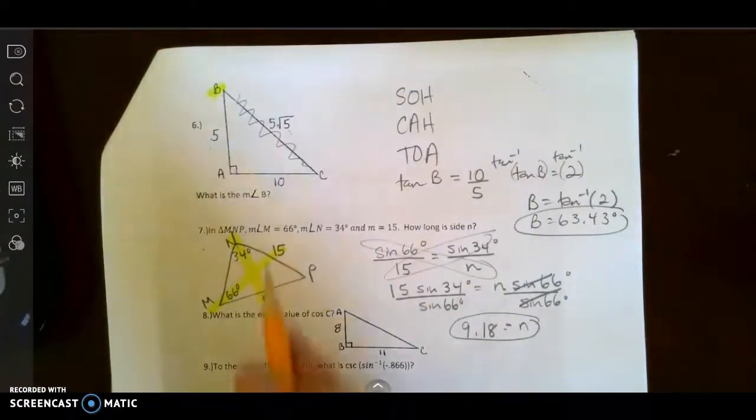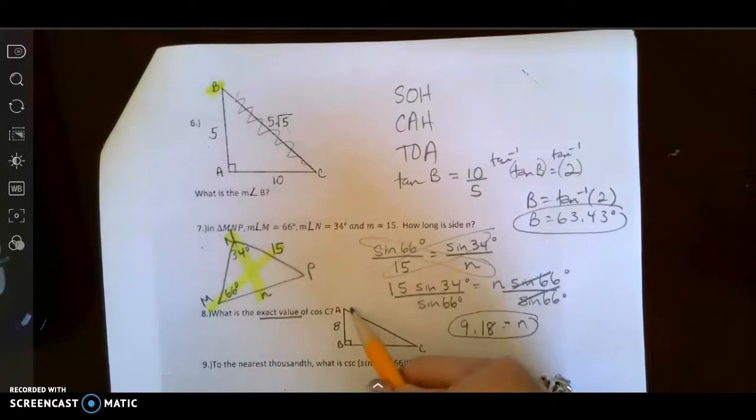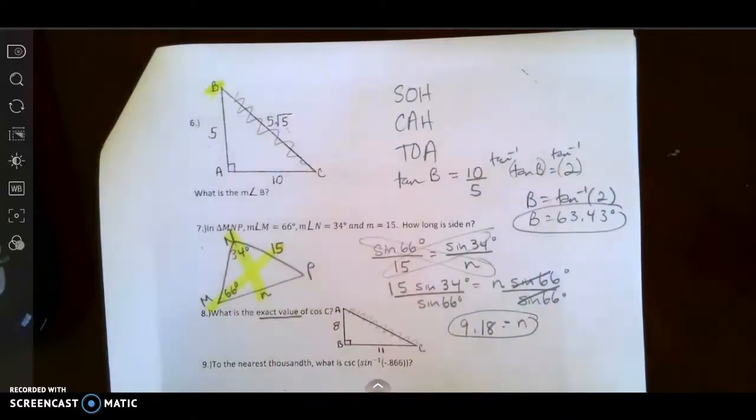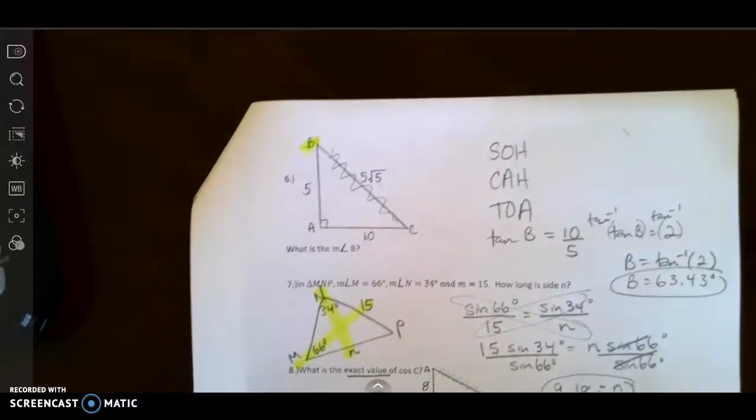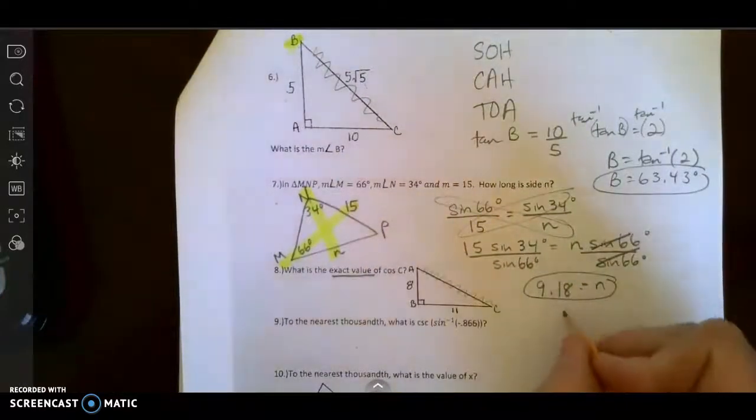Let's look at number 8. What is the exact value of the cosine of C? Cosine is going to be adjacent over hypotenuse, which means I need to find this hypotenuse, and it's a right triangle. Well, Pythagorean theorem. That's something that we can use for number 8.